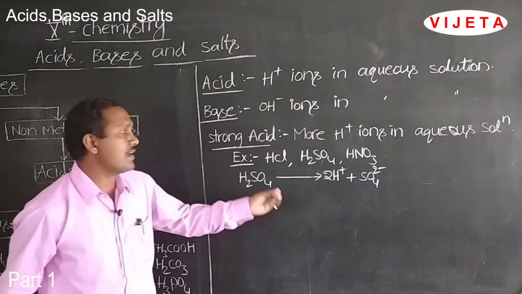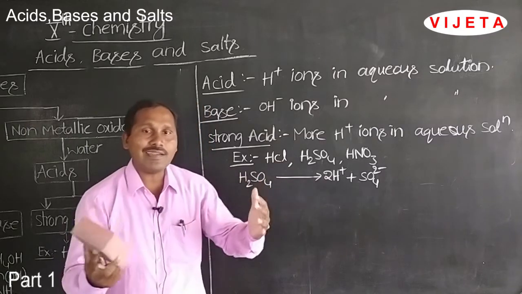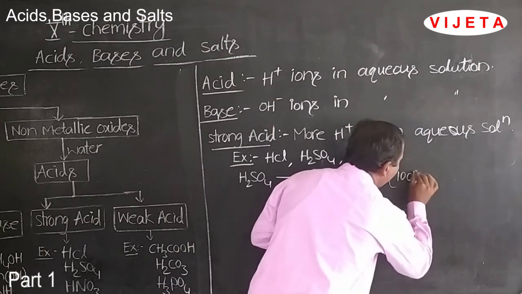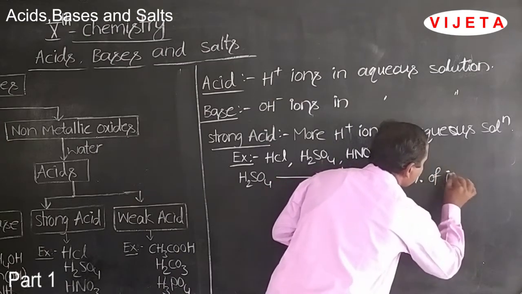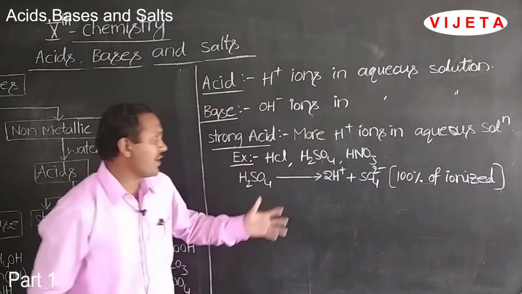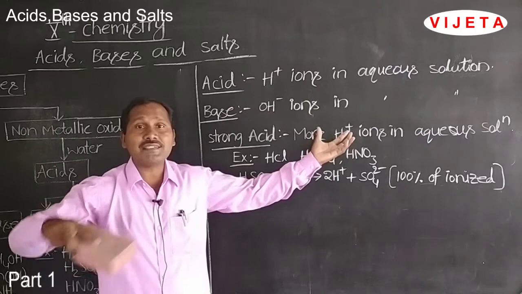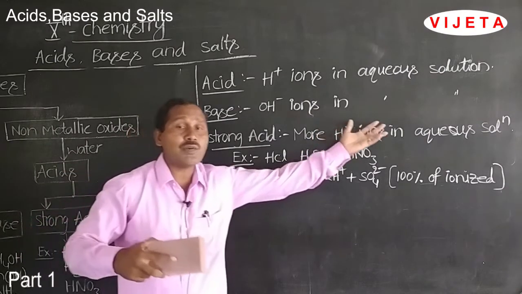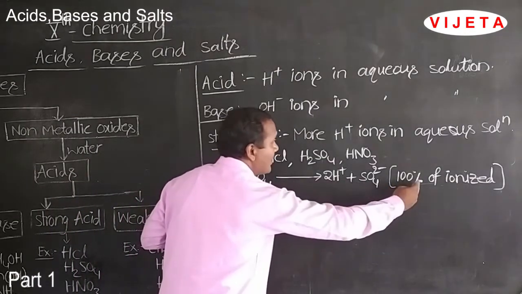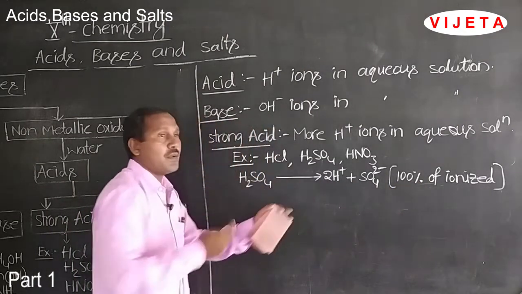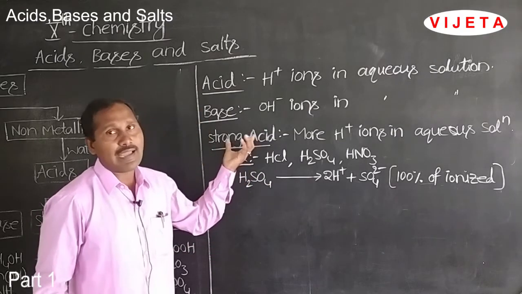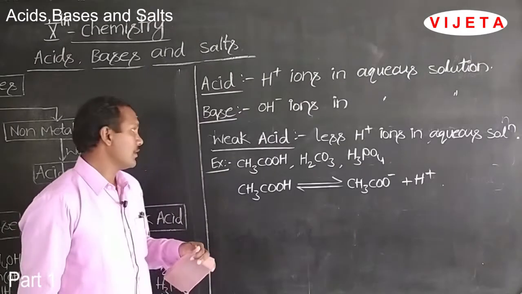It is completely ionized, 100% ionized, which means more H+ ions are produced in the aqueous solution. In this reaction only the forward reaction takes place, not the backward reaction. That type of acid is called a strong acid.